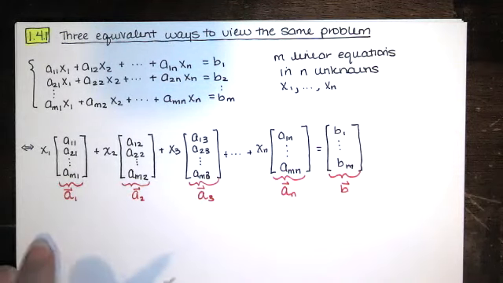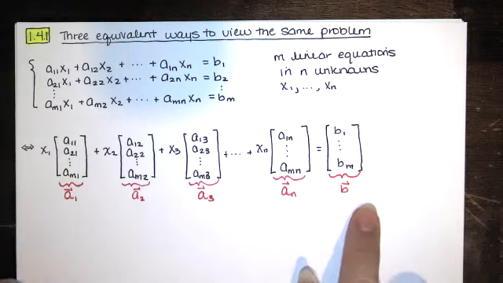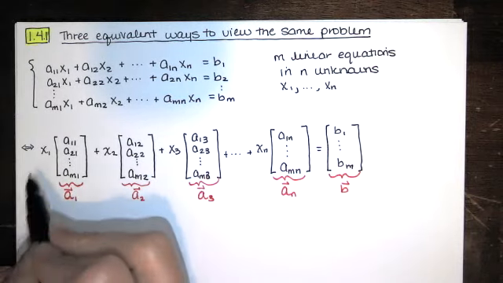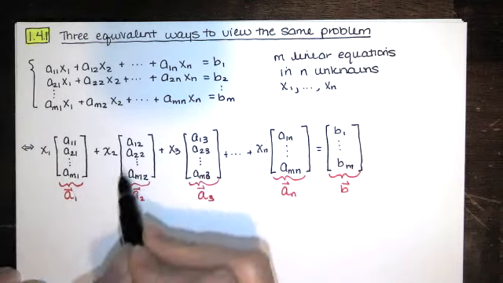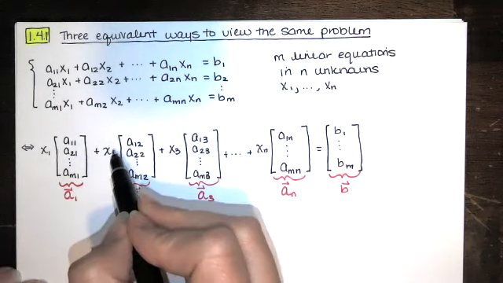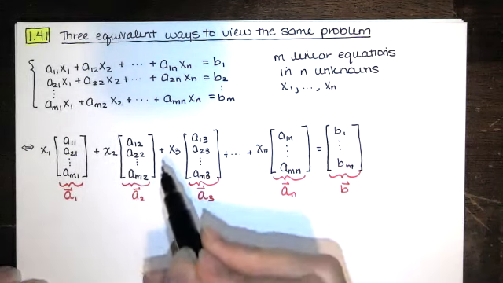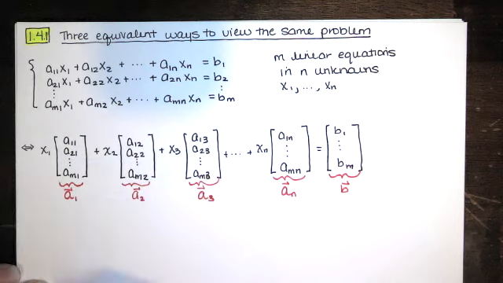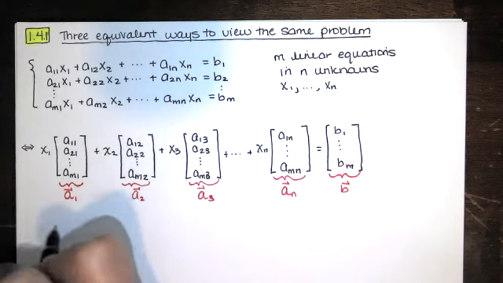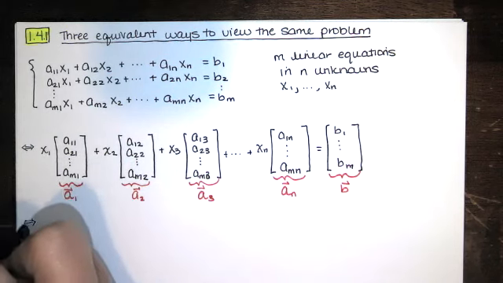In the last video, we said that we could take that and write it in this way. So this is x1 times a vector a1, plus x2 times a vector a2, plus x3 times a vector a3, and so on. So let me just write that in shorthand.